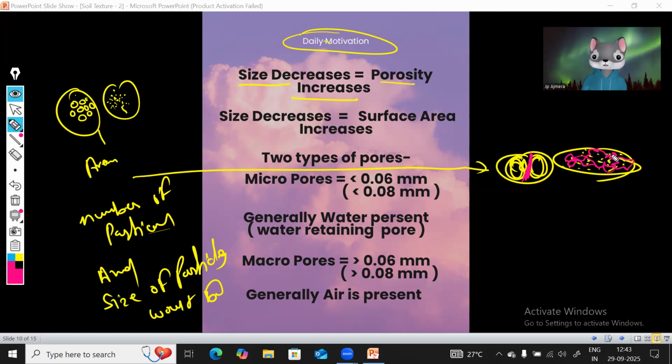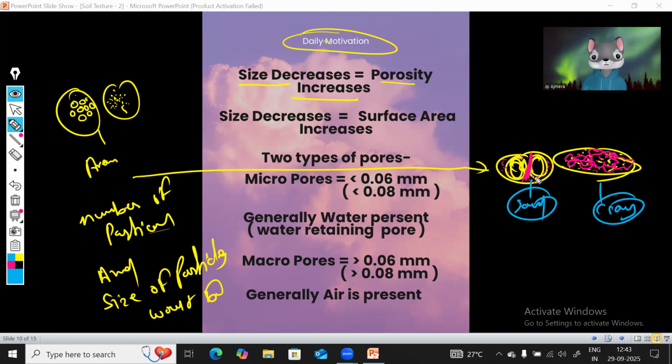The pore space is also in between, mentioned here in pink color.